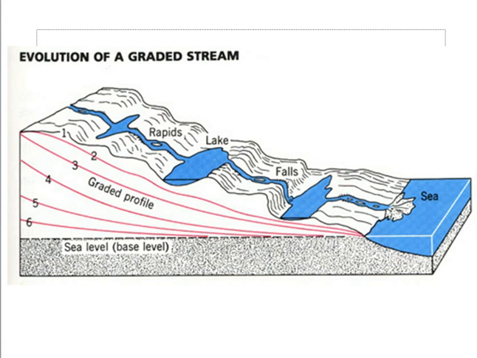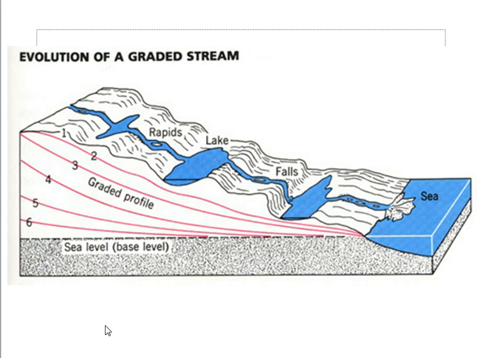Another thing to keep in mind is that the work of a stream, in theory, is to get to base level. And base level, in the best of all worlds, is sea level. A stream starting at some elevation above sea level has slope, and slope adds velocity and the ability of a stream to do work.